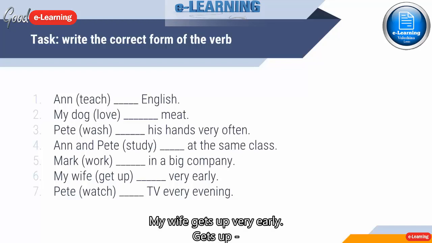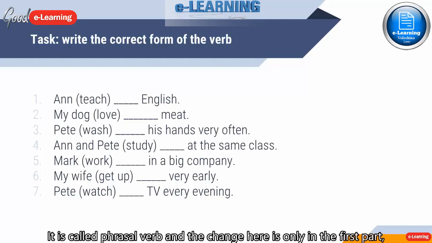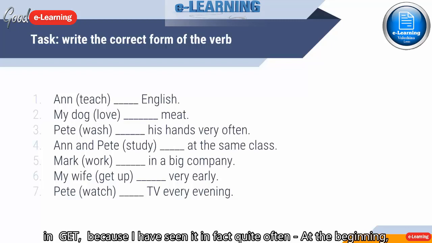My wife gets up very early. Get up, this is one more specific verb. It is called a phrasal verb. And the change here is only in the first part, in get, because I have seen it in fact quite often at the beginning.